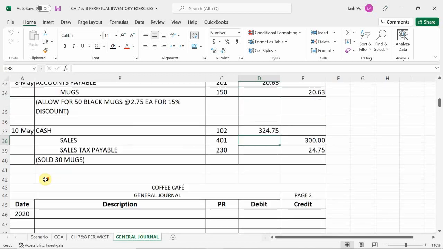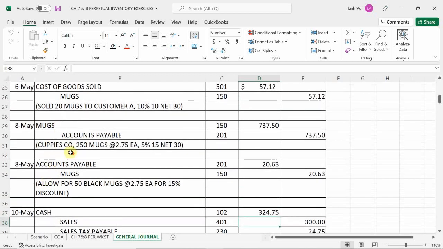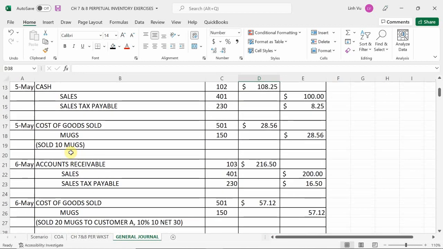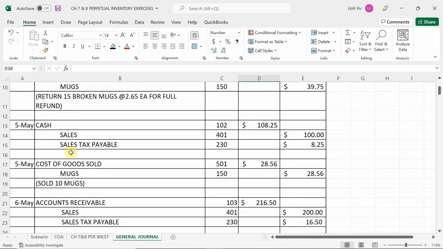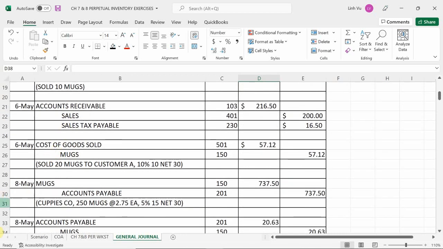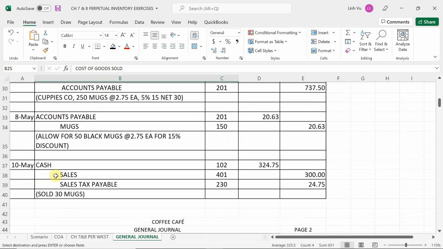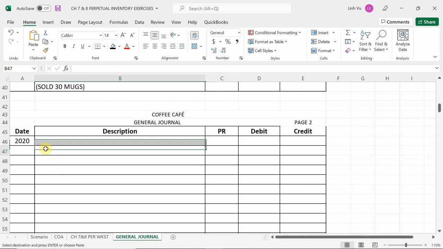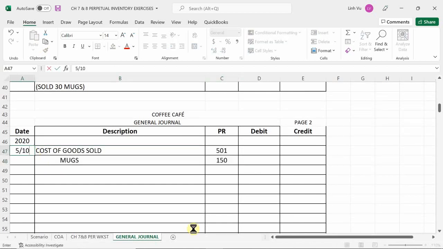And of course, because I sold some stuff, I need to calculate my total cost of goods sold, and I need to adjust my inventory accordingly. So, cost of goods sold and my inventory for May 10.